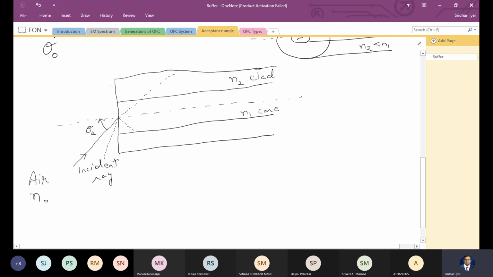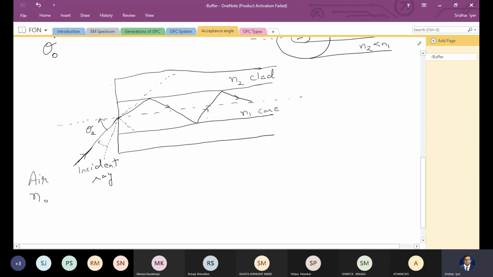So we have taken this incident ray towards this darkened line, ensuring that the angle between the horizontal and this incident ray is some theta A, such that this ray will not get refracted, it will only get reflected inside the core.